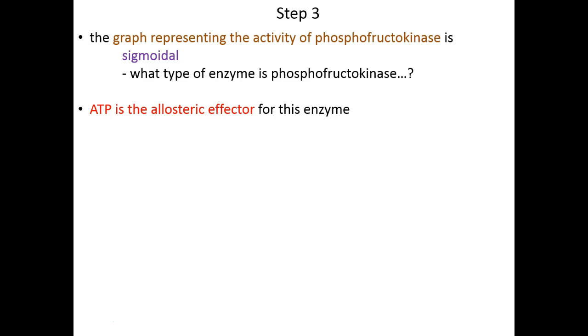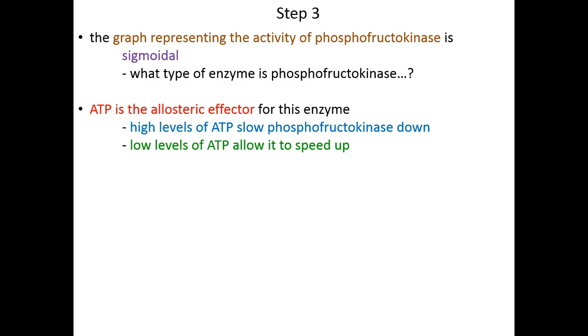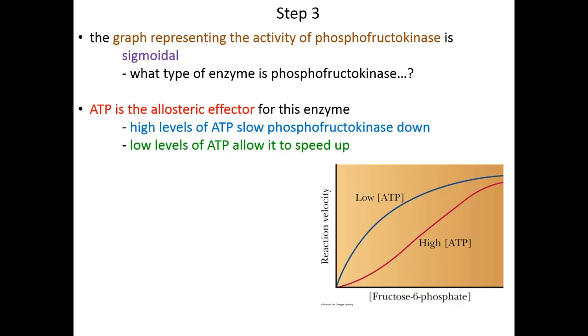All allosteric enzymes have allosteric effectors, and the allosteric effector for PFK is ATP. It's a negative effector, meaning high levels of ATP slow PFK down. Low levels of ATP activate PFK and speed it up. Let's ask ourselves, does that make sense? If we think about it, when ATP levels are high, why in the world do you need glycolysis?